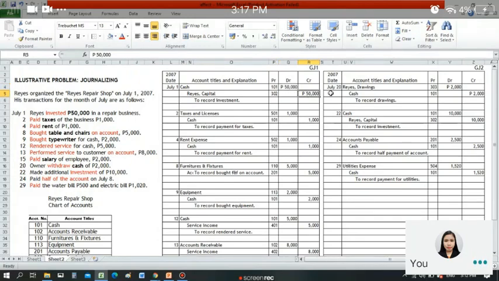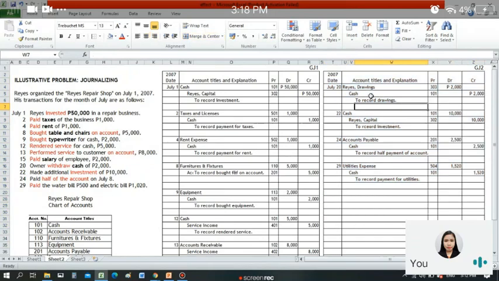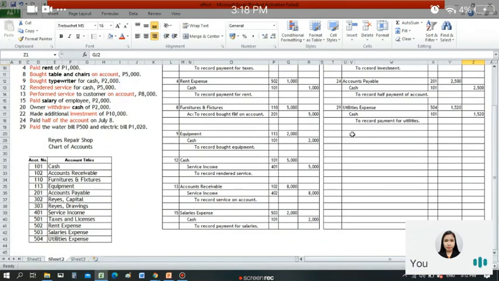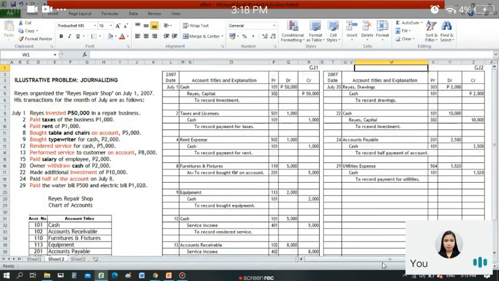The same goes if you will be using a second journal sheet: apply the same rule, and don't forget to write the page, which is GJ2. Okay, that's all, and I hope this helps you prepare your activities. Good luck with your four sets of transactions.